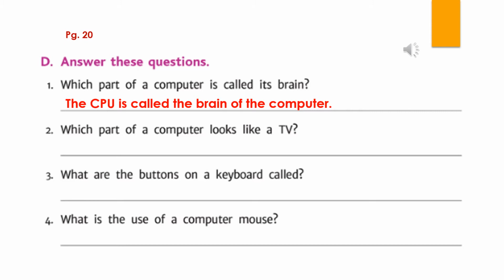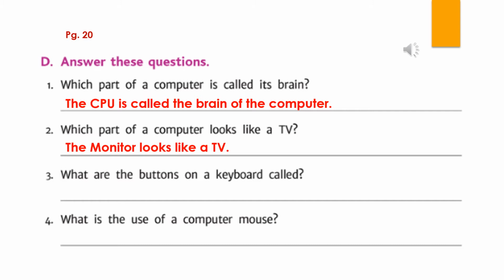Let's go to the second question. Which part of a computer looks like a TV? The answer is the monitor looks like a TV. And whatever you type or draw on the computer, you can see that on the monitor.